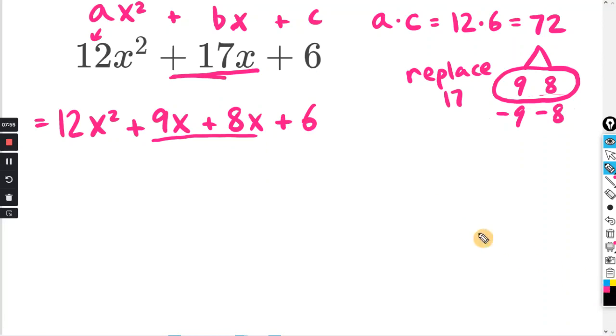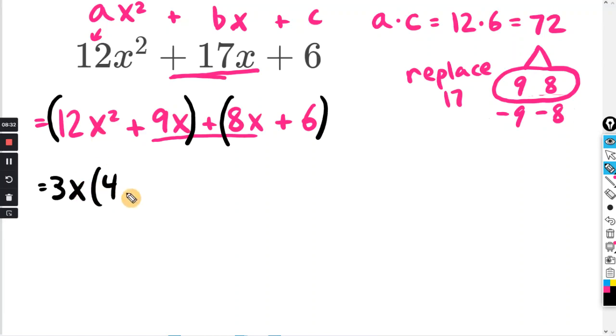And just like the previous problem, we are going to factor two binomials individually. So I'll use parentheses on the first two terms and the last two terms. Okay, and again, you want to leave a plus sign in between the two sets of parentheses. All right, between 12 and 9, the greatest common factor is 3. And between x squared and x, you choose the one with the lowest exponent, so that's x. 12 divided by 3 is 4.